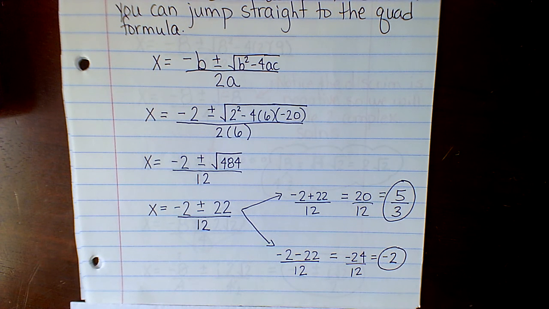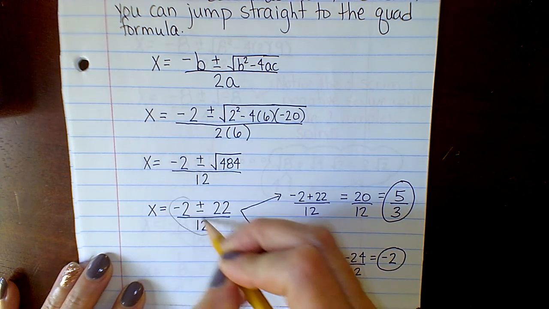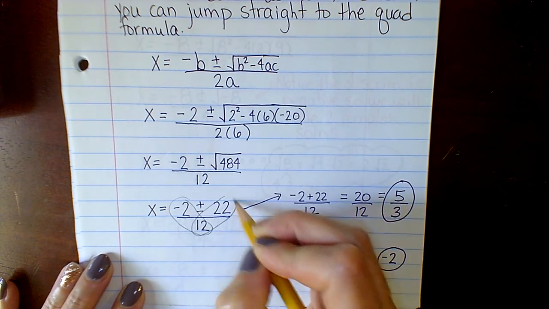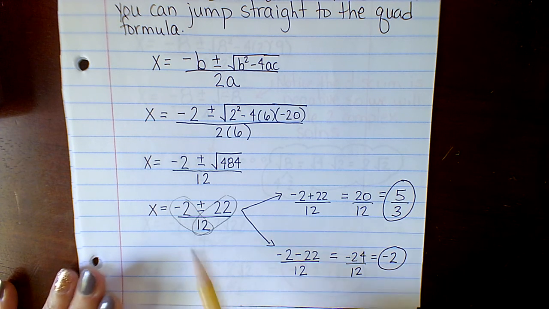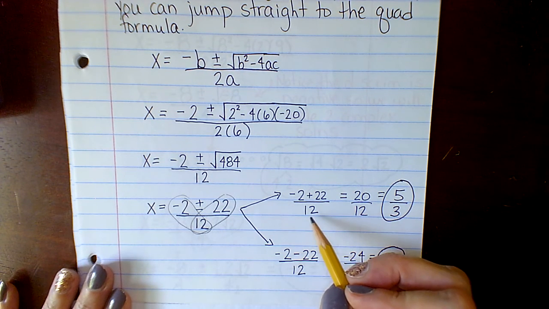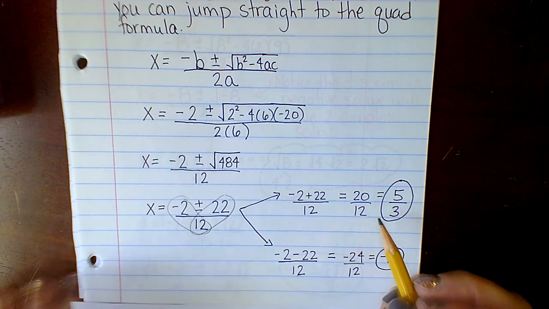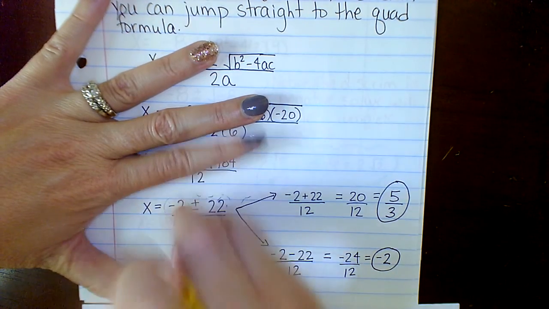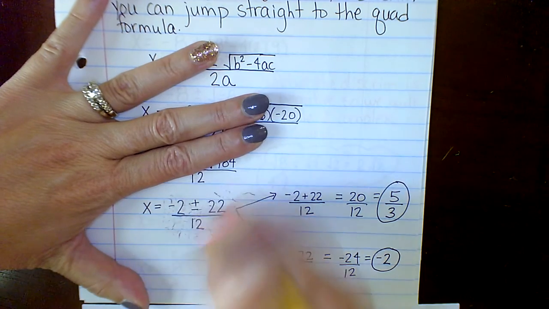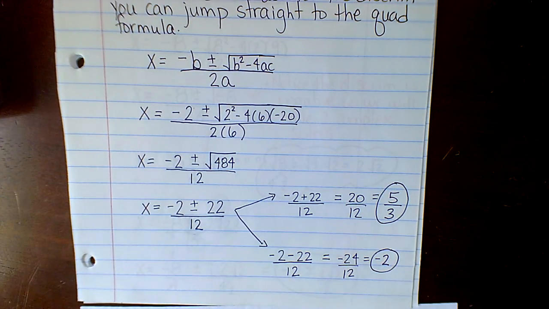Now I'm starting to shortcut this a little bit so we don't have to write quite as much. So I'm still splitting these apart, but rather than split it up into two fractions, I just wanted to give you a slightly different version.